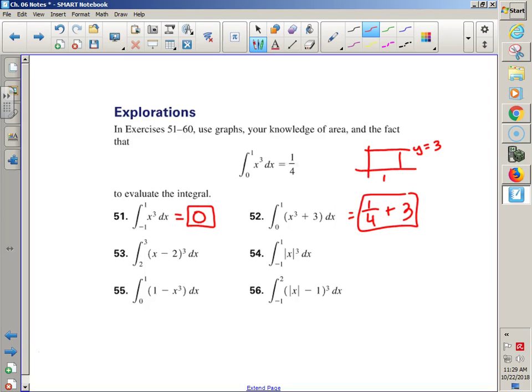Now, what if the interval was 0 to 2, 0 to 5? Now, this would get messed up, but wouldn't it just be 3 times 2 or 3 times 5 for this little area? Because it's the constant height, and then whatever the base, the x interval is, for any constant. Which can also help us with this one down here, right?